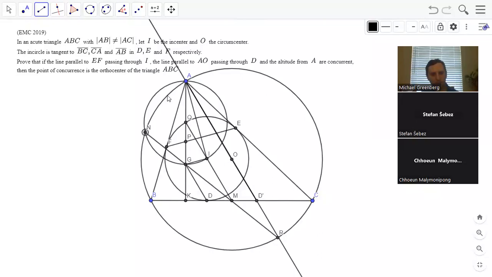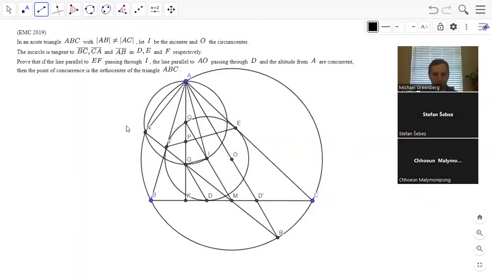This, this, and this. So how do we use that IG and EF? We use that because that would mean this is a right angle.